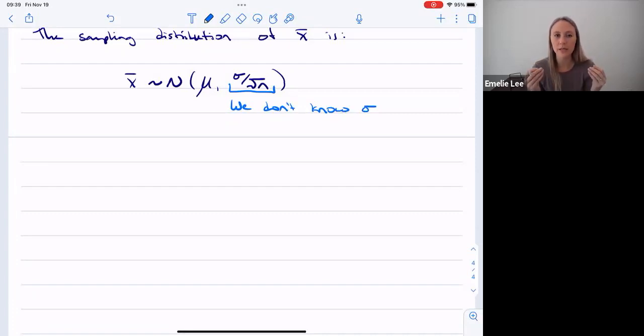So if you think about it, if I'm trying so hard to learn about the population mean, but I happen to know the population standard deviation, what happened? Did I go out and collect the entire population and then I threw it back in the pile? And now I'm frantically trying to figure out what the mean is? No, that makes no sense, right? So I'll never have sigma. So we don't know sigma.